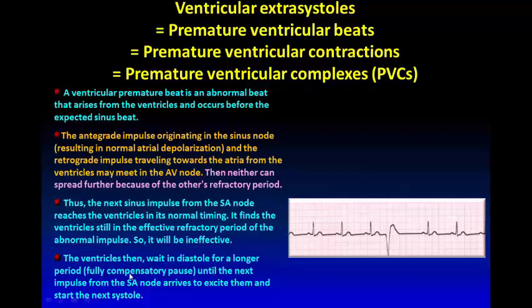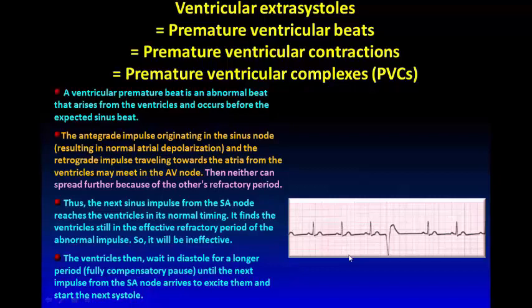The ventricles then would have to wait in diastole for a longer period of time, which is known as the compensatory pause, until the next impulse from the sinoatrial node arrives to excite them and start the next systole. So the ventricles would have missed one normal sinus impulse because they would have been in their absolute refractory period because of the abnormal impulse.